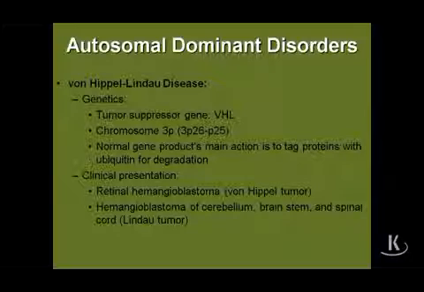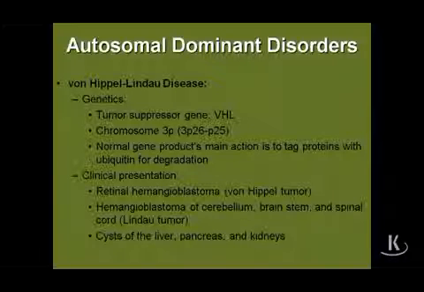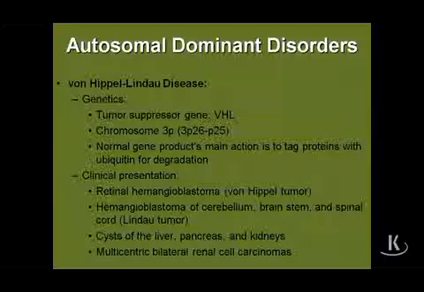So it's vascular tumors within the CNS. You can also get vascular tumors or cystic changes in the liver, pancreas, and kidneys, but the real kicker is the last part of this slide: the most common malignant tumor of the kidney in adults is renal cell carcinoma.